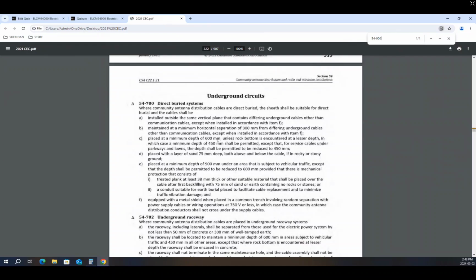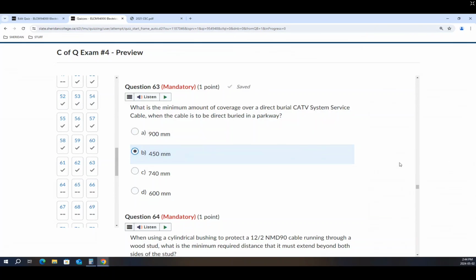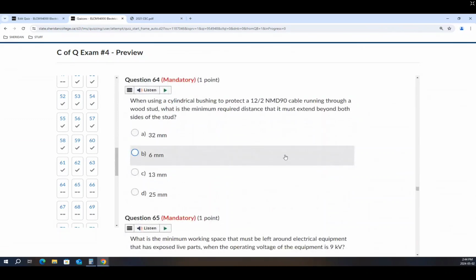Place the minimum depth of 600 millimeters unless rock bottom is encountered, in which case the minimum depth of 450 shall be permitted, except that for service cables under parkways and lawns, the depth shall be permitted to be reduced to 450. So, service 450 minimum.